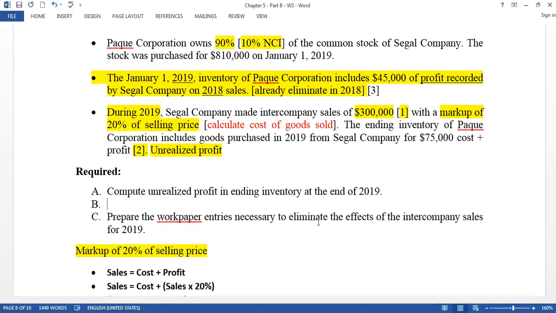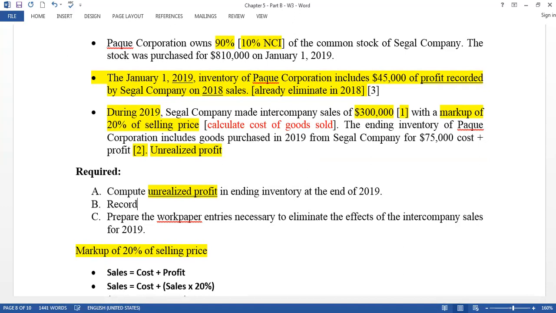First, we are going to calculate unrealized profit. This is the first part of the question, for example. Then second, that means journal entry, I make it short.